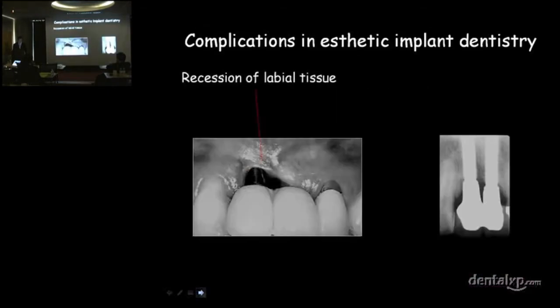The main complications in aesthetic implant therapy are the recession of labial tissue and the lack of papillae. Both are caused by bone remodeling and the biologic limitations of the relationship between implants and soft tissue.